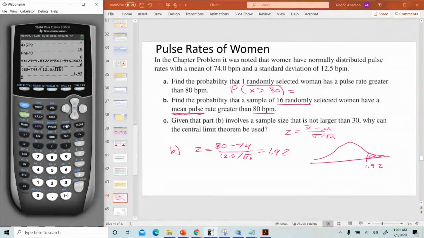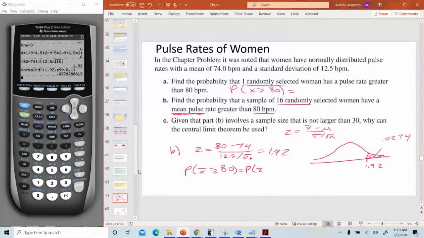Second vars, normal CDF from 1.92 to infinity, which we'll find to be 0.0274. So the probability that x bar is greater than or equal to 80 is the probability that z is greater than 1.92, which equals 0.0274.